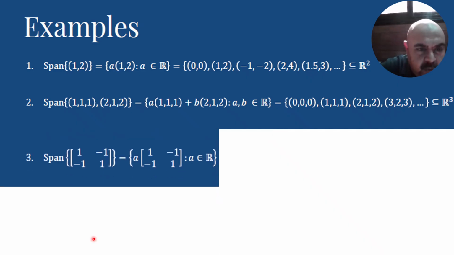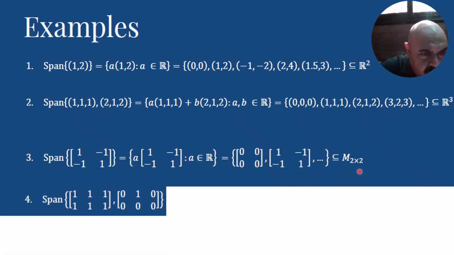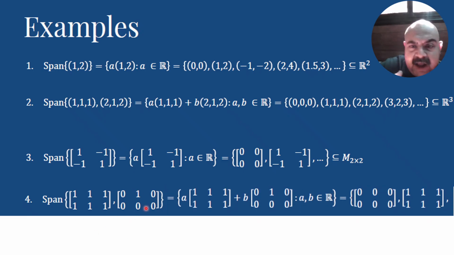In a similar manner, we can do this exact same thing with matrices. For this matrix, for example, 1, -1, -1, and 1, if I multiply the elements by A, where A belongs to R, I will have various versions of these matrices. Also, if I have two of them and multiply the first by A and the second by B, I will have various shapes and various objects.